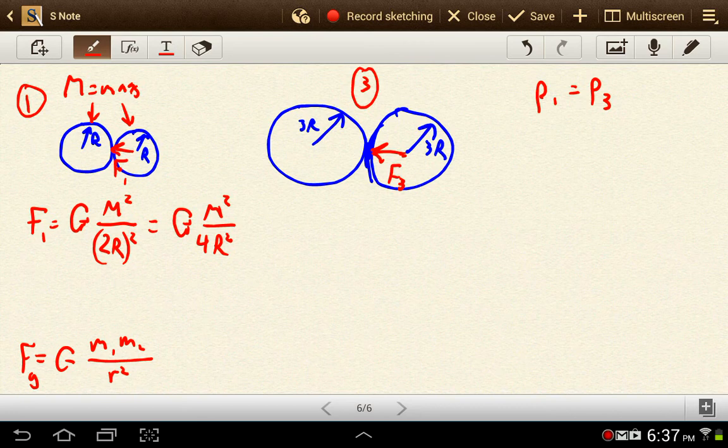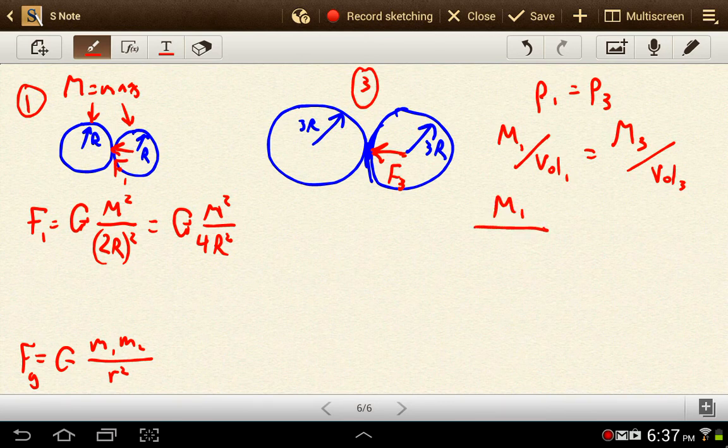So the mass of each sphere in 1 divided by its volume is equal to the mass of a sphere in 3 divided by its volume. So M1 over the volume of a radius R sphere, which is 4/3 pi R cubed, equals M3 over 4/3 pi, and the radius here is 3 times as much, so 3R cubed.